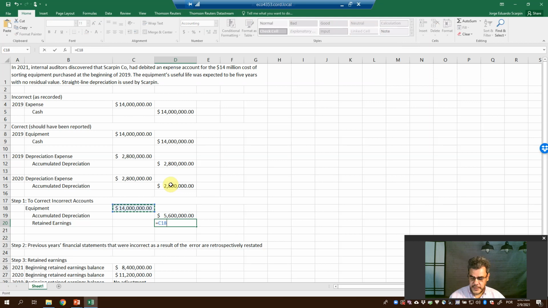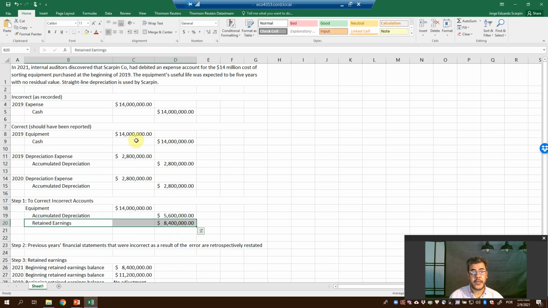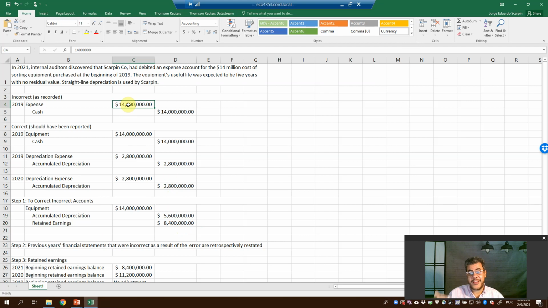So retained earnings to balance this journal entry, and it will increase retained earnings. Why? We are reducing our expenses. So we are increasing our retained earnings by $14 million and reducing the retained earnings by two new depreciations of $5.6 million.